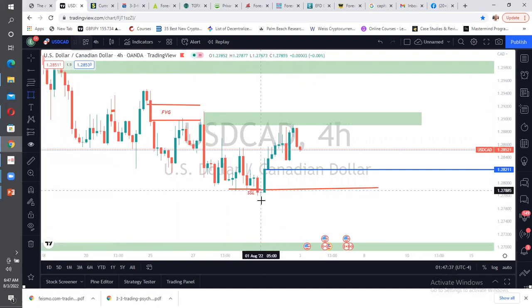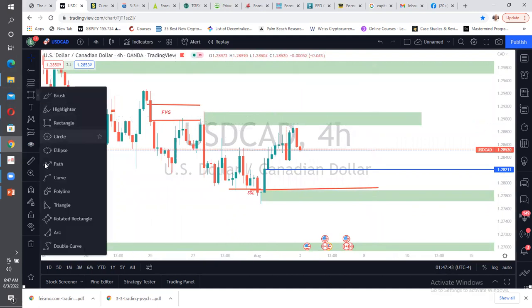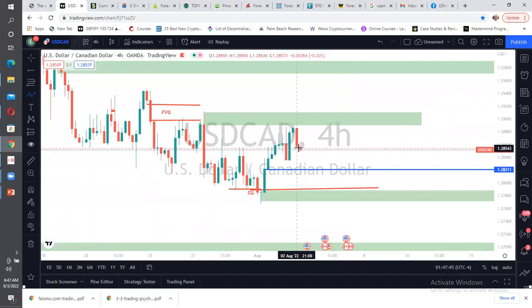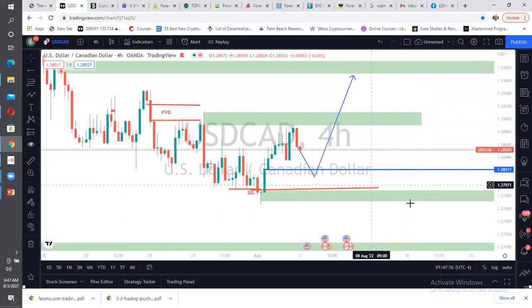So any push into this level, I'm looking for a buy trade. This is what I was expecting from this particular pair.